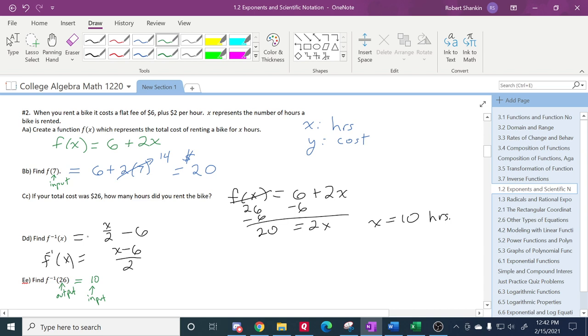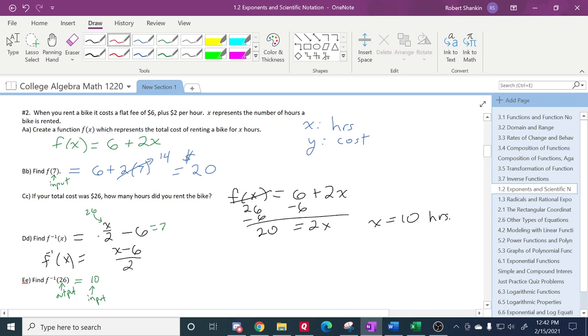All right, let's look at, do we get 10 if we put 26 in each of these two functions? Let's put 26 in here. You get 13. 13 minus 6 is 7. And we don't get 10.